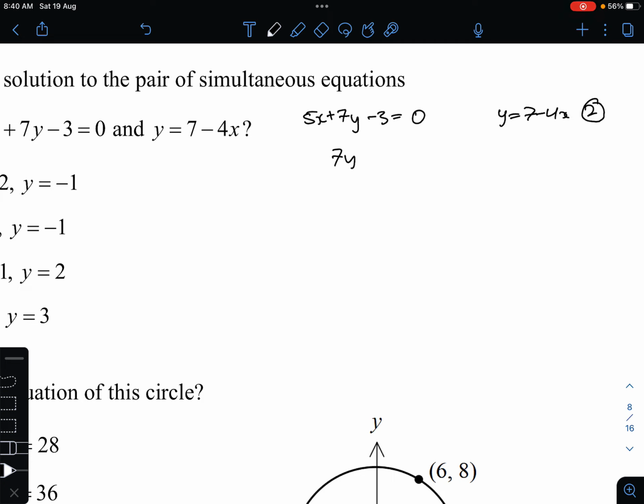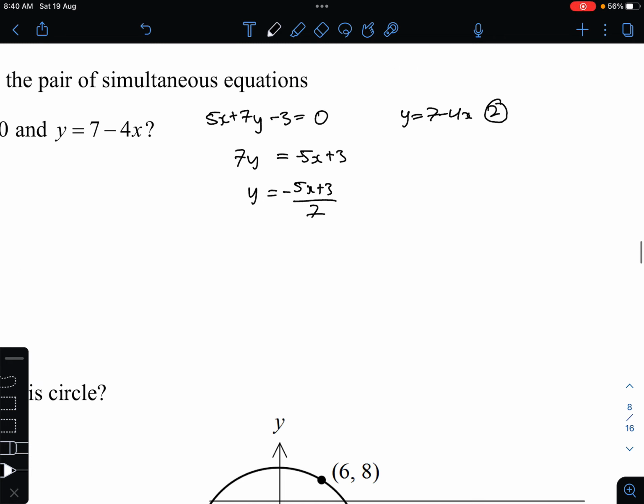So 7y equals negative 5x plus 3, y equals negative 5x plus 3 over 7. And you just sub that into the other one. So this is your 1 into 2: negative 5x plus 3 over 7 equals 7 minus 4x.